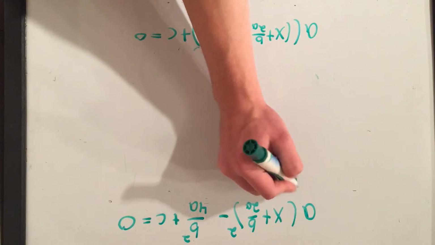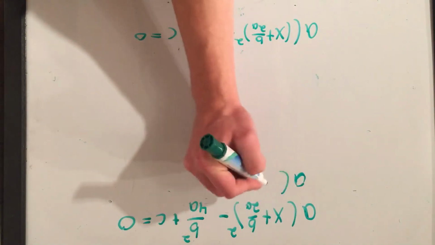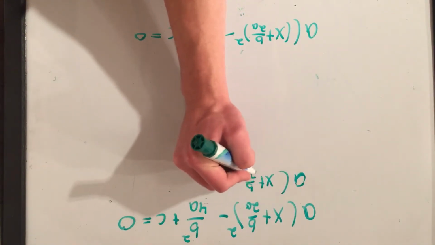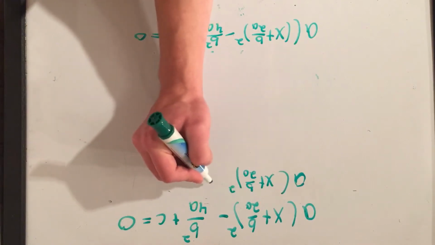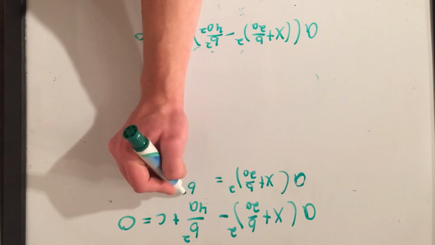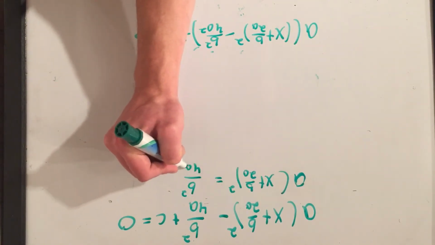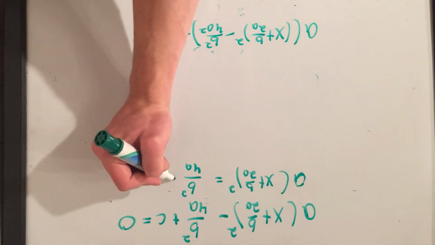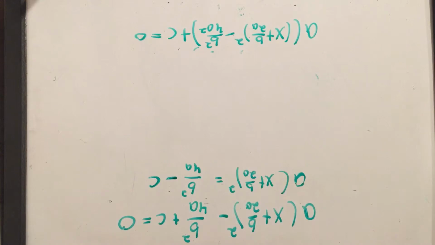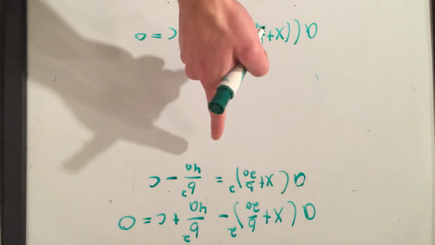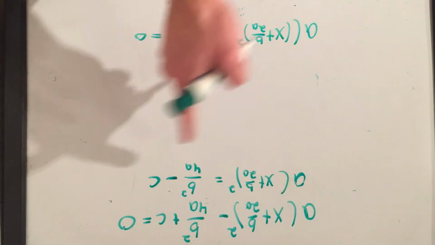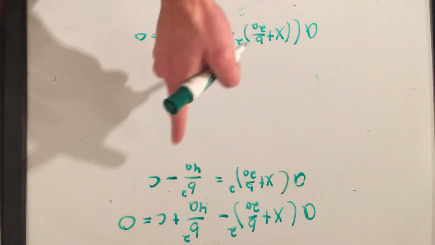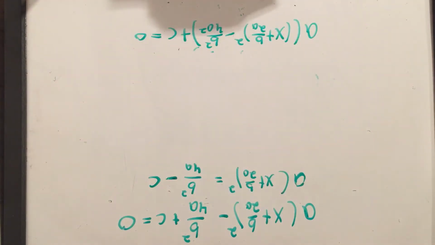So let's see. If I add b squared over 4a, I get b squared over 4a. And I'm going to subtract c. And I'm going to combine these two things because pretty soon I'm going to have to take the square root, and I'd like to put this both under the square root.